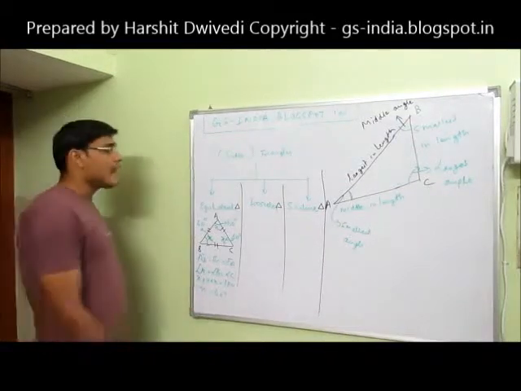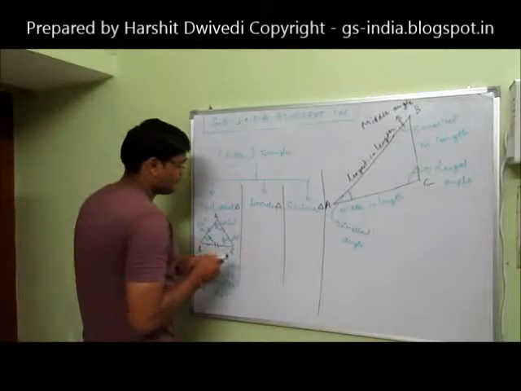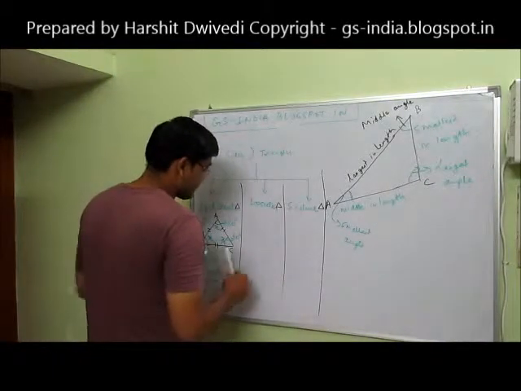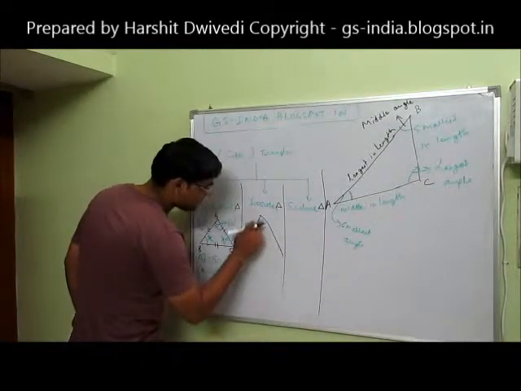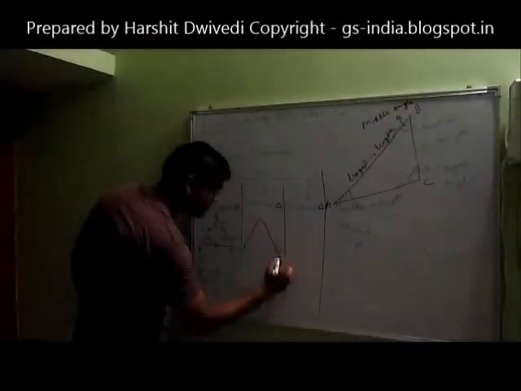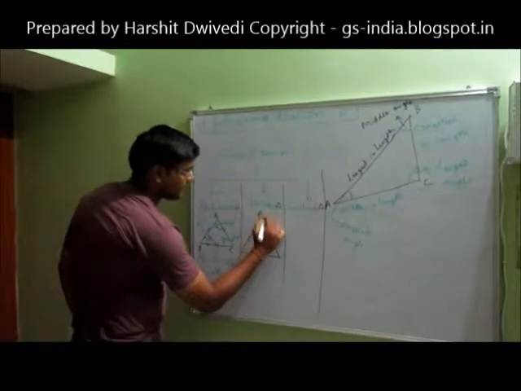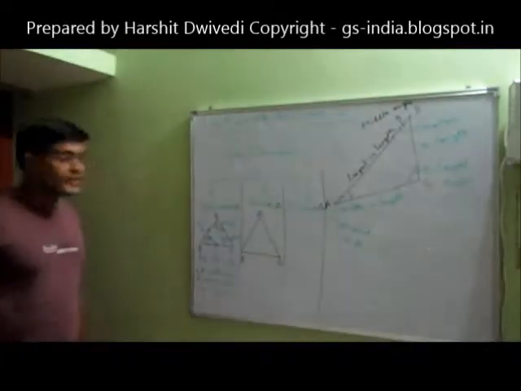Coming on to isosceles triangle. What is an isosceles triangle? Suppose this is the triangle. This triangle ABC.